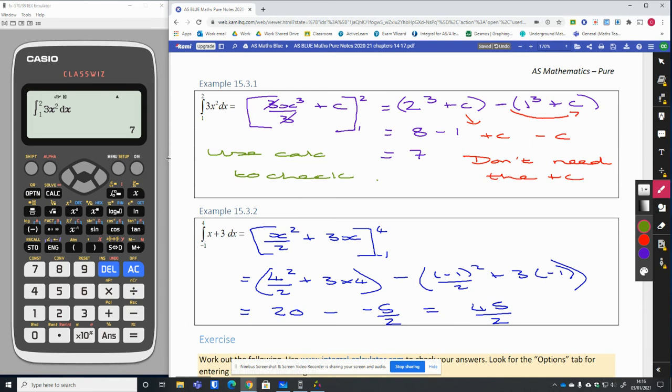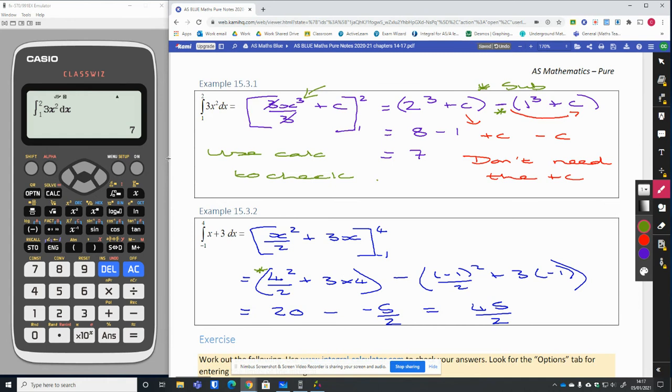In terms of showing the working out, what they're looking for is there are marks for the integration, then marks for the substitution and for the subtraction. So you need to show that, which is why, if you look at this line of working, I haven't bothered simplifying anything down.